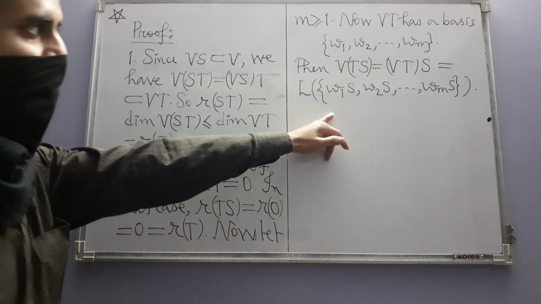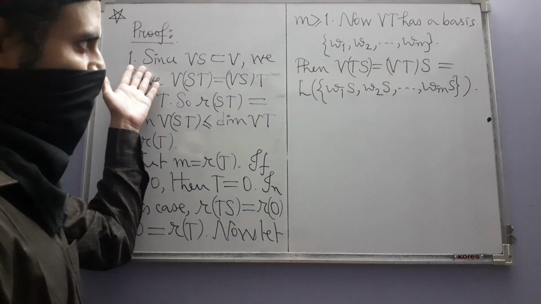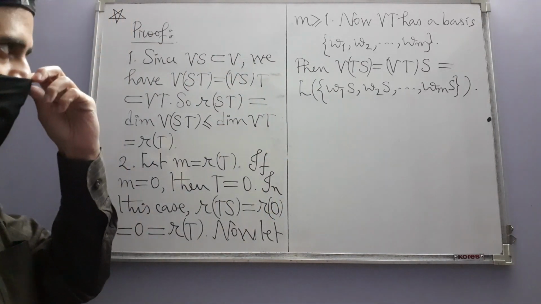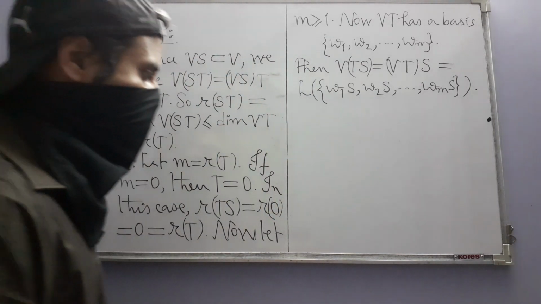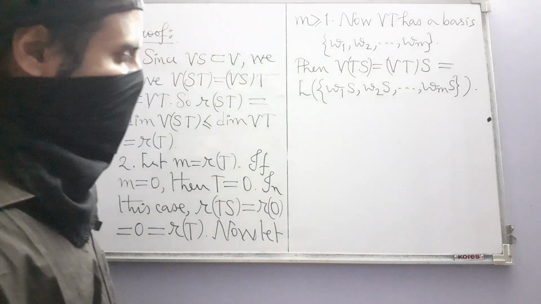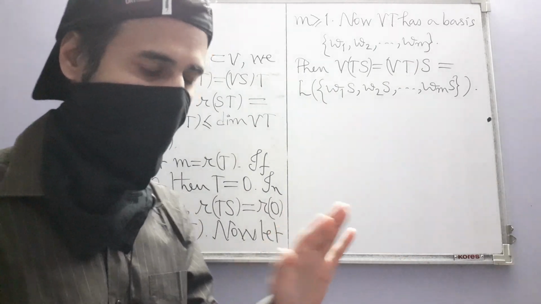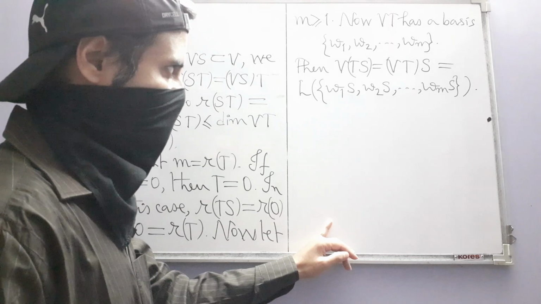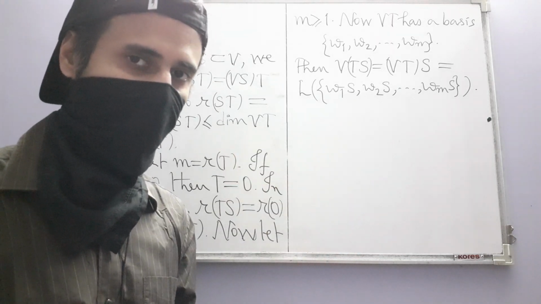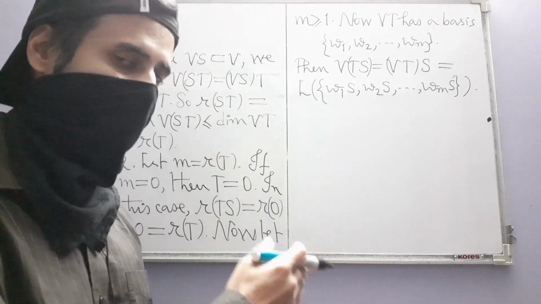To see how, you recall an argument that we saw in this video itself, where we had one basis of V. I mean, in that case we had a basis of V consisting of V1, V2 up to Vn, and we then concluded that the range of T, Vt, is spanned by V1T, V2T, that thing.